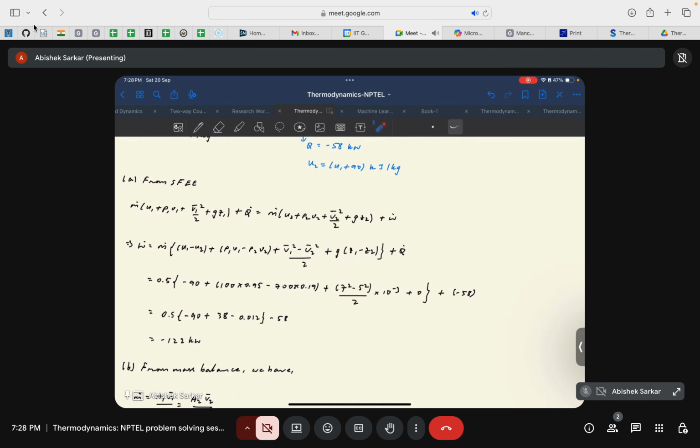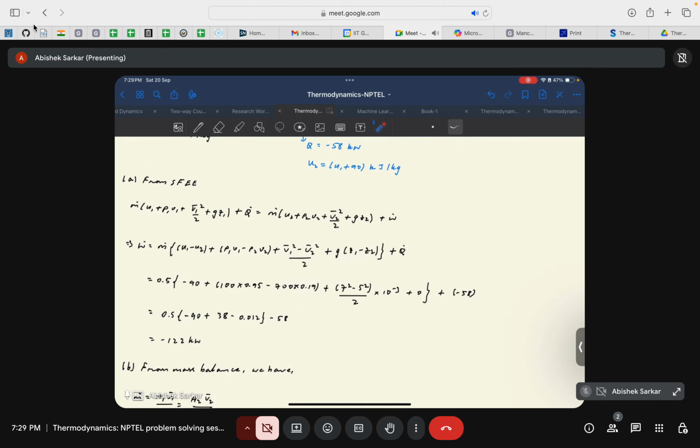If you see, all these parameters are already mentioned in the question. So we have mass flow as 0.5, and u1 minus u2 is minus 90, because u2 is 90 kilojoule per kg greater than u1. p1 v1 and p2 v2 are given, and p1 and p2 are in kilopascals, so it's again in kilojoule per kg.